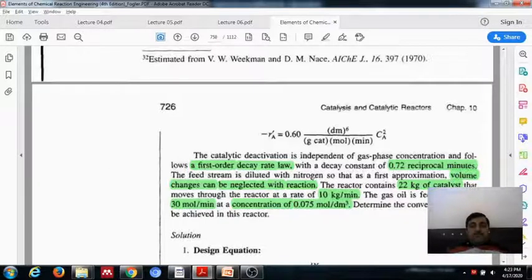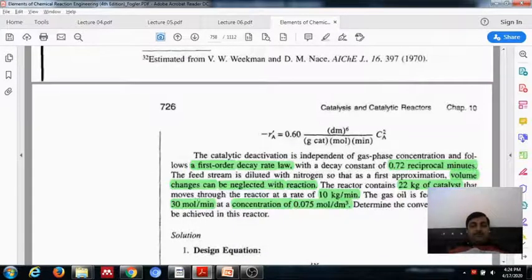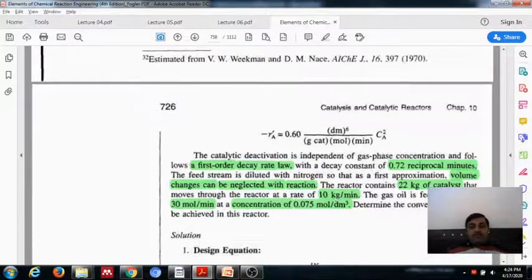The feed stream is then diluted with nitrogen. Volume changes can be neglected, so for the gas phase reaction epsilon is 0. The reactor contains 22 kg of catalyst. The weight of catalyst is given to you. It moves through the reactor at a rate of 10 kg per minute, so weight per time.